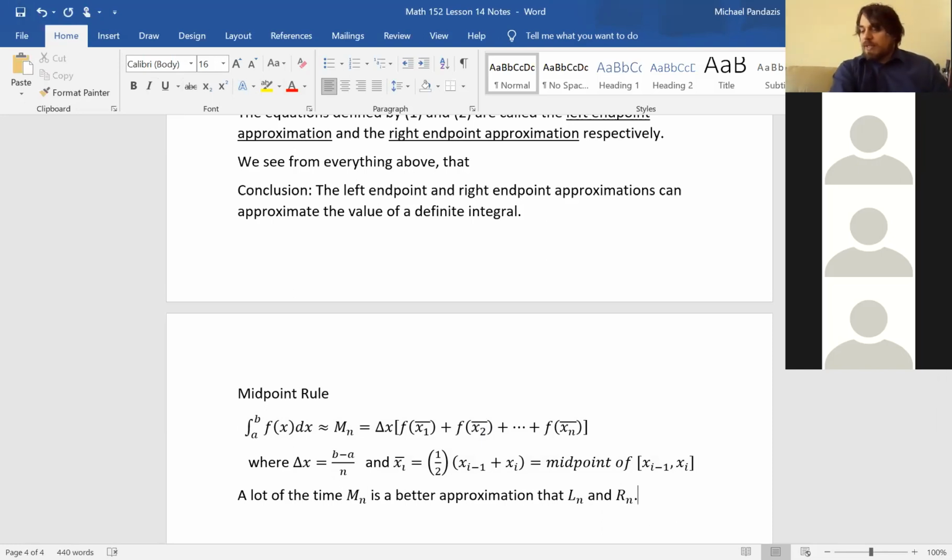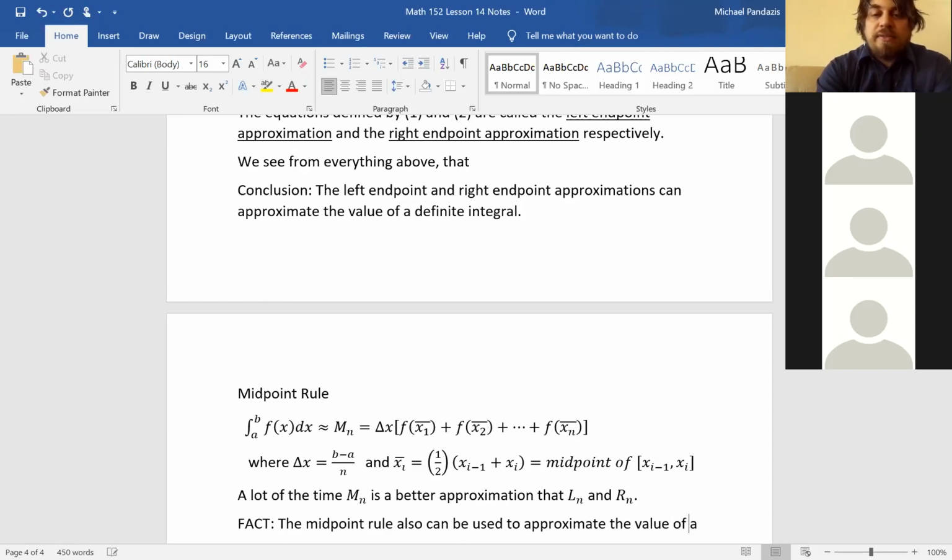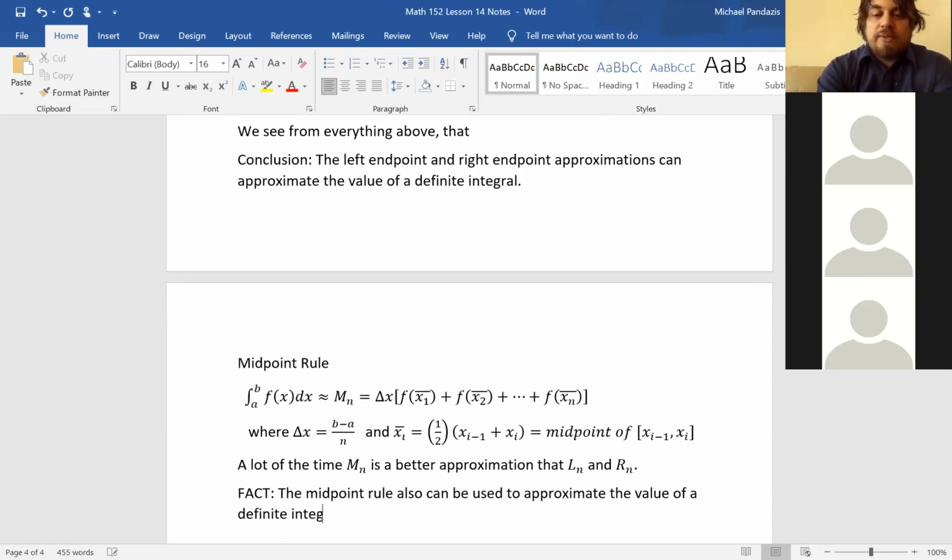All three of them are approximations. And so the midpoint rule also gives you an approximation of a definite integral. So the fact here is that the midpoint rule also can be used to approximate the value of a definite integral.